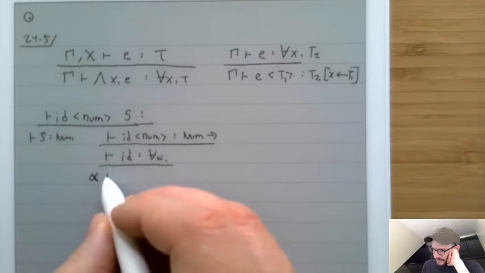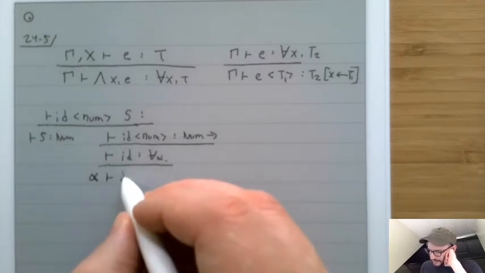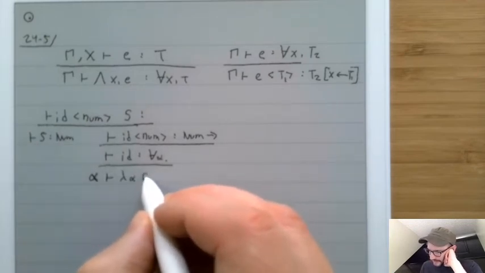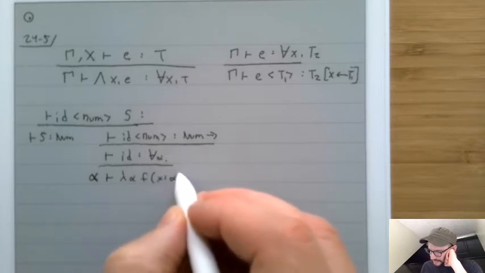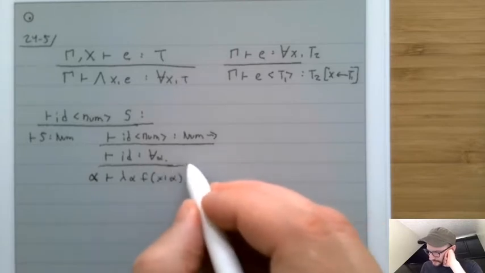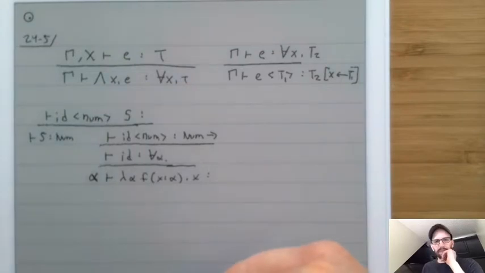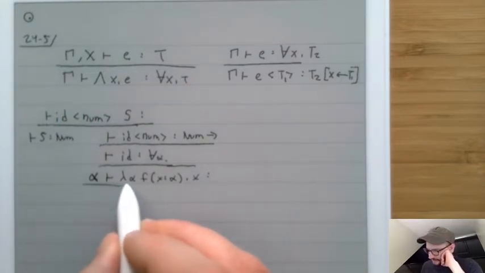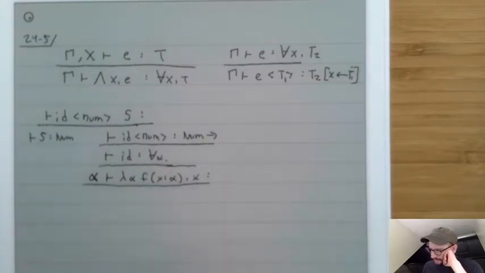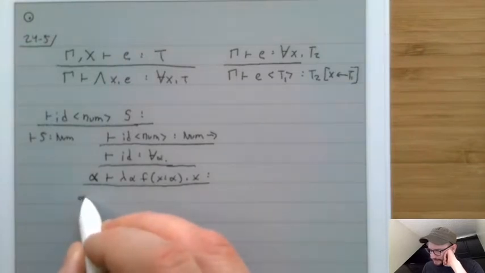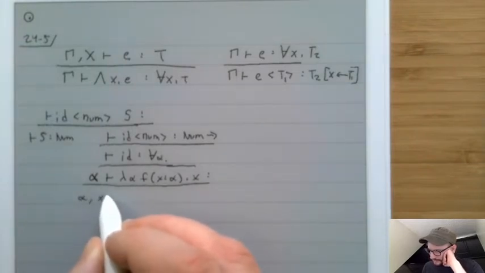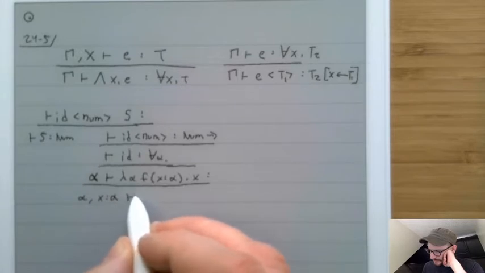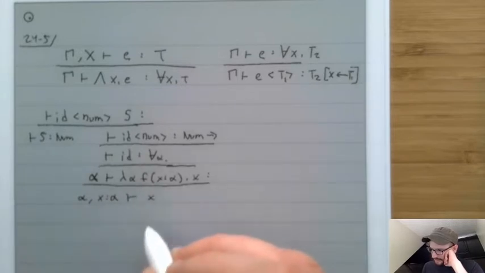If alpha is a valid type, then we want to prove that lambda f x is of type alpha, x has some type. Okay, and what is that? Well, it's a lambda, so that means that we're going to say that alpha is a valid type, x is of type alpha, and then we have to prove what type x is.